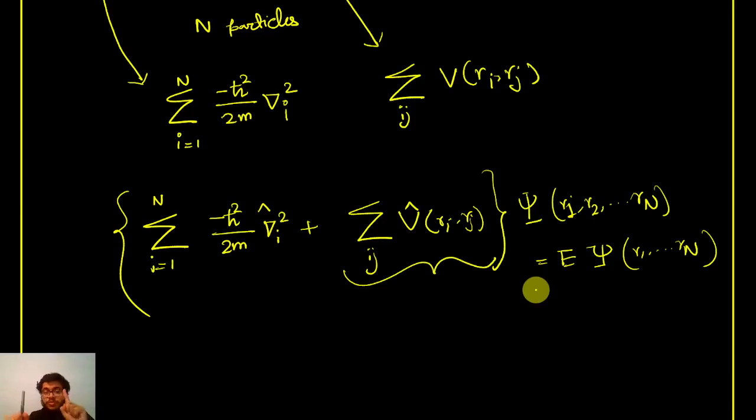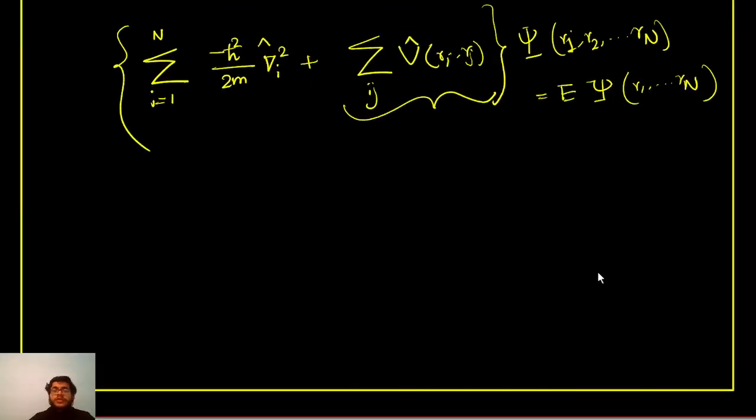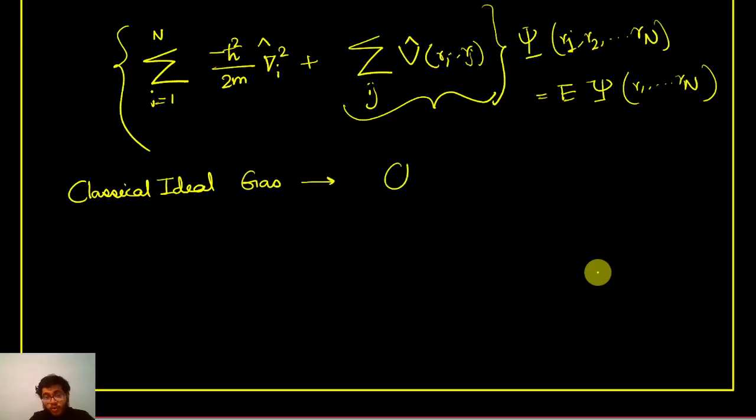It has a lot of combinations, like r1 r2, r2 r3, r1 r3, so we don't really know what to do. So what we do here in the Sommerfeld model is, instead of a classical ideal gas, we model the electrons as a quantum ideal gas, the quantum gas we discussed earlier.